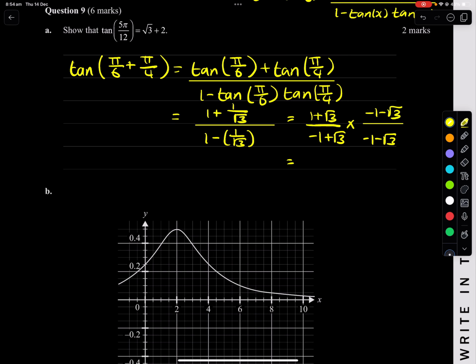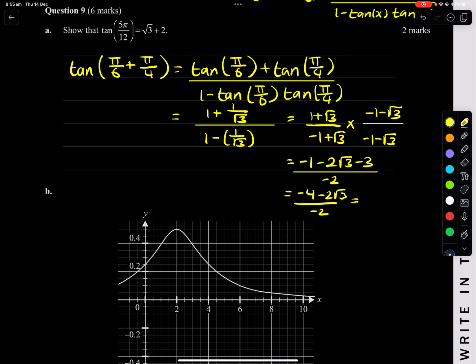Okay, so the top part is going to be negative 1 minus root 3, so overall it's going to be negative 4 minus 2 root 3, and the bottom is 1 minus 3, which is negative 2. So negative 4 minus 2 root 3, all divided by negative 2.